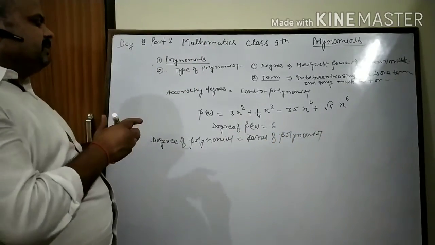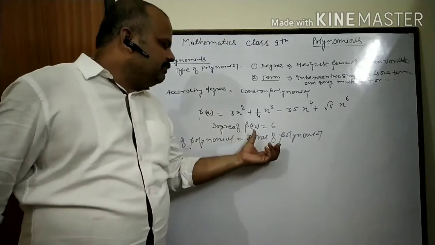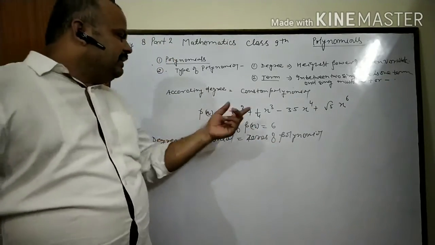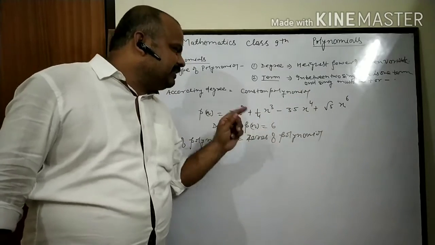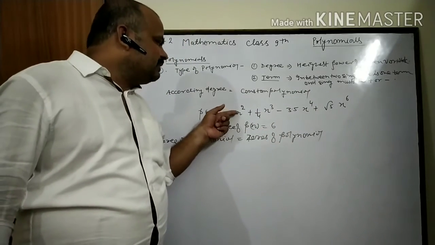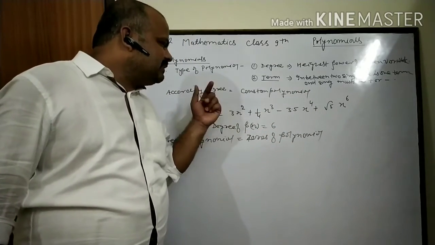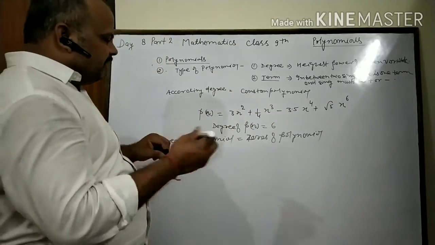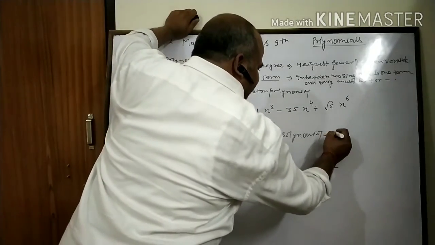Zeros of the polynomial means, you know that zero of a polynomial means a particular value on which the polynomial is 0. It means this polynomial has the 6th degree, then we have got 6 values of x on which this polynomial is 0. In the same way we have 6 factors.